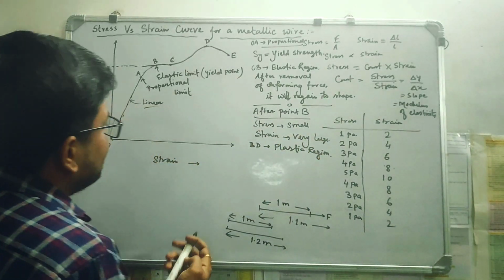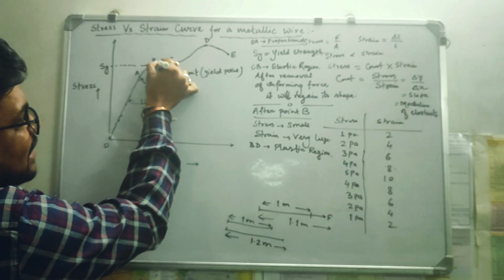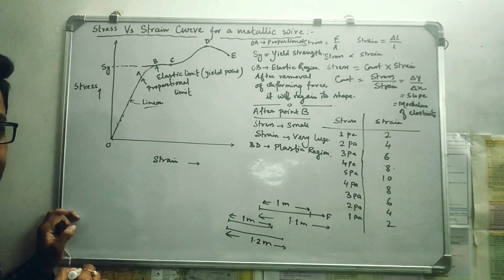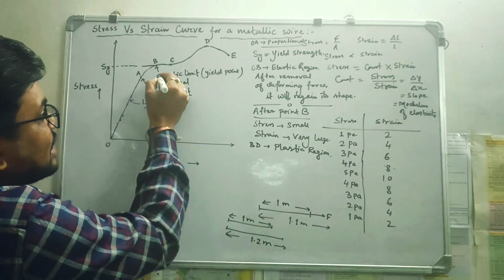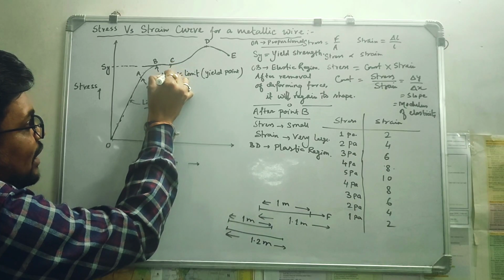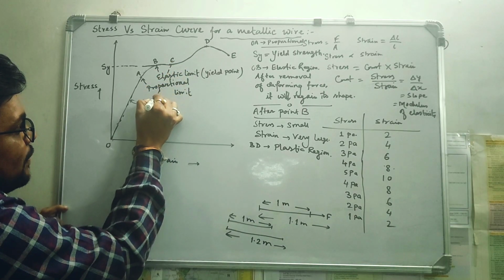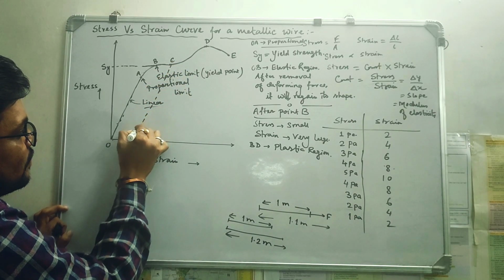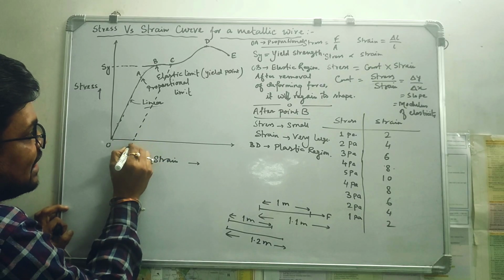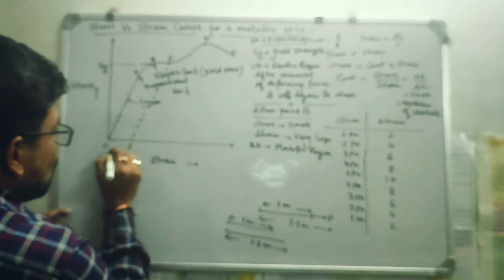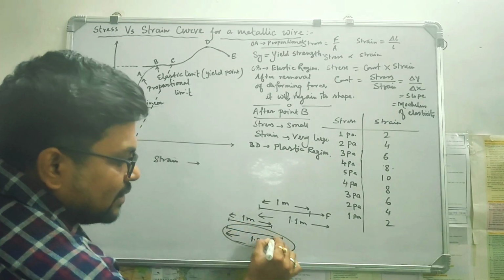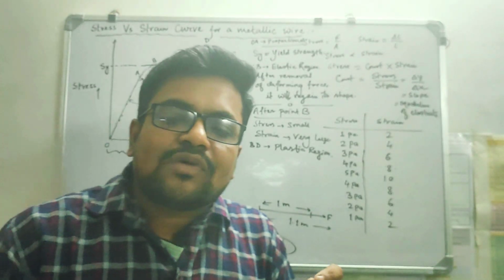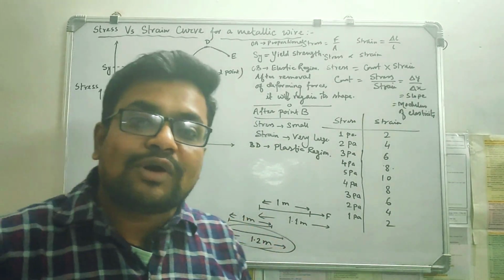Now let me show you. It will not come back to the original point O. It will never come back again. Rather, it will come back to some other point which is parallel to this. Let's assume this is F. This OF means a permanent shift has happened. Initially the length of the wire was 1 meter.